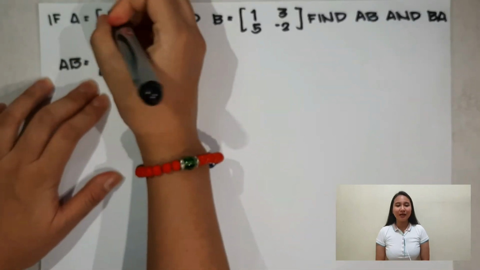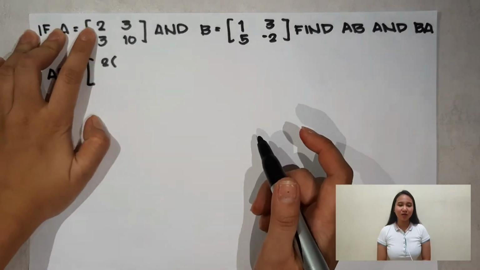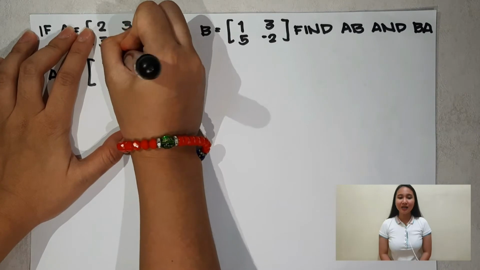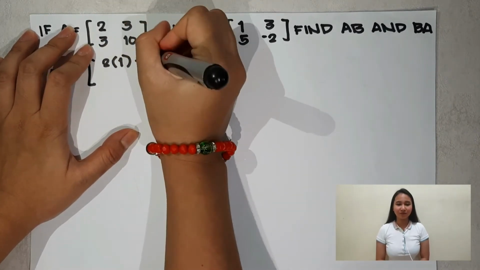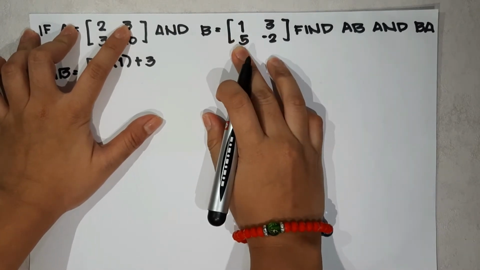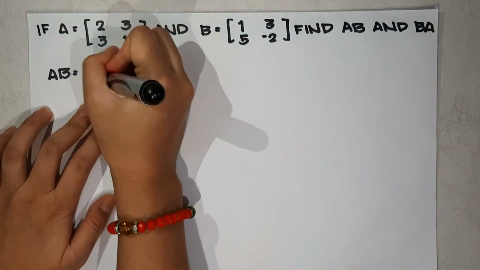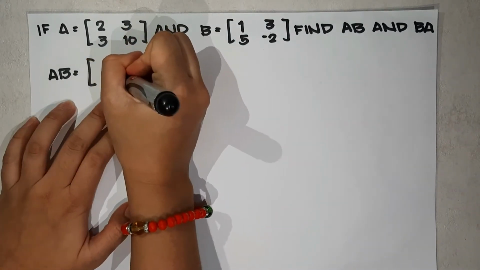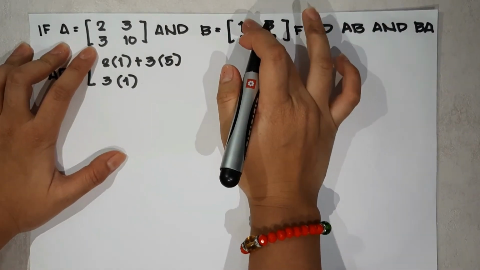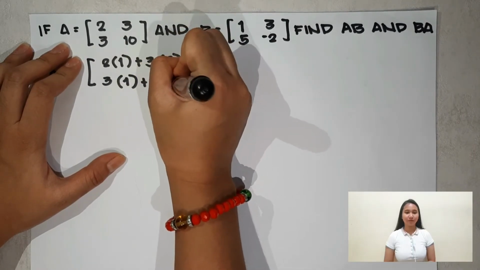First, we will multiply the row of the matrix A to the column of matrix B. 2 times 1 plus 3 times 5. Then 3 times 1 plus 10 times 5.